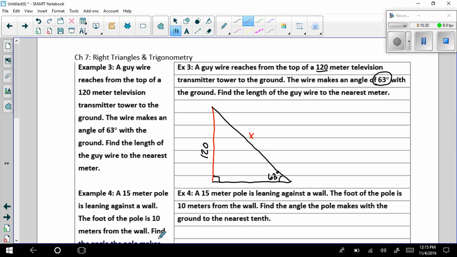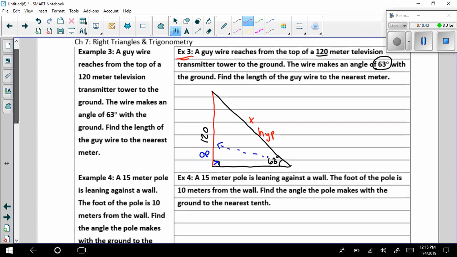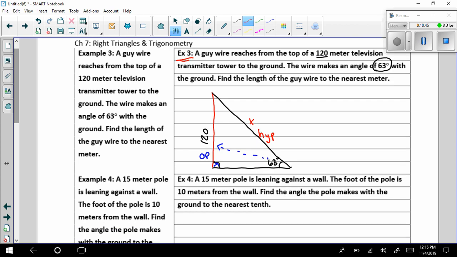All right. So once again, we label our triangle. So in terms of our angle of interest, that is opposite. This is across from the right angle, so it is hypotenuse. Pick your trig function and solve for x. All right, so go ahead and set up your equation and solve for x.